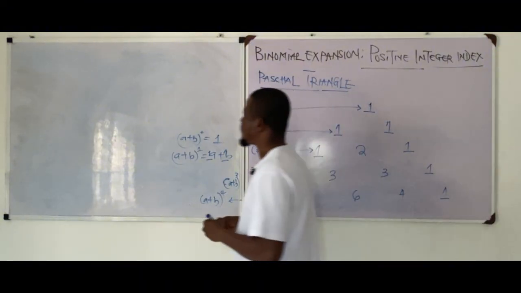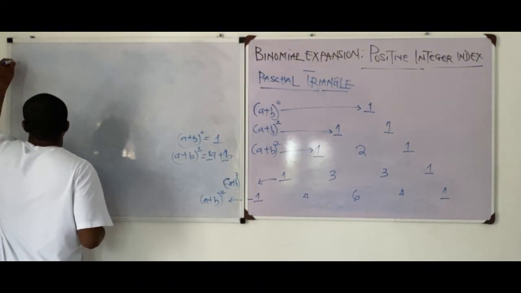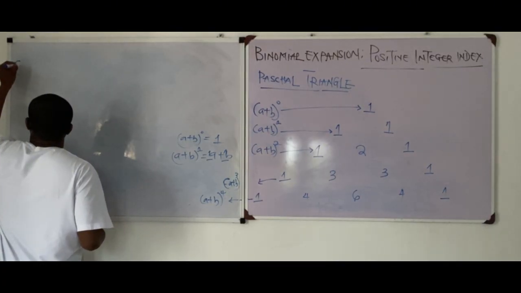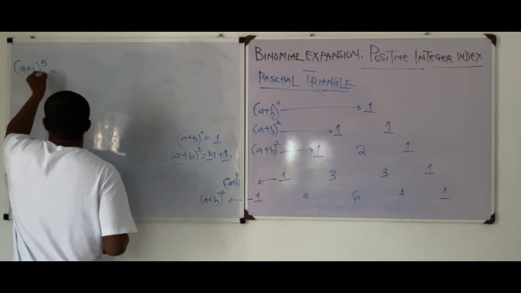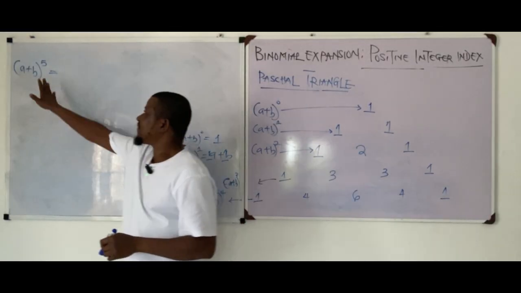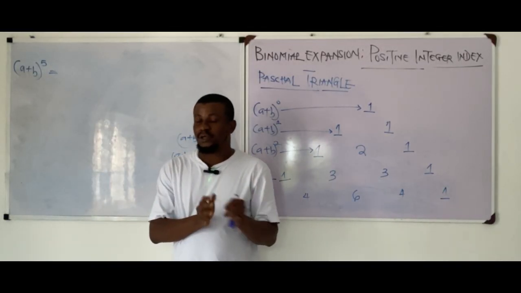For example, let's expand (a + b) to power 5. In this case, if I want to use Pascal triangle, I will not be doing the combinations anymore.